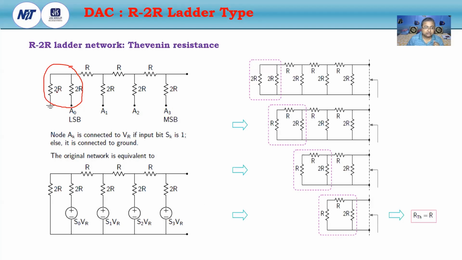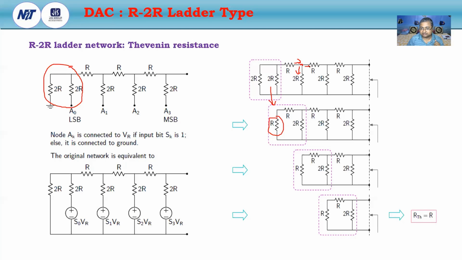So that means twice R into twice R by twice R plus twice R, which is R. So if this is R, then we put R here. Then it is in series with R, and then twice R is in parallel, because the current is divided at the node.